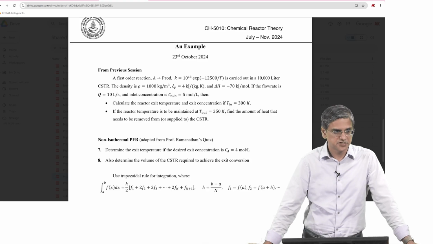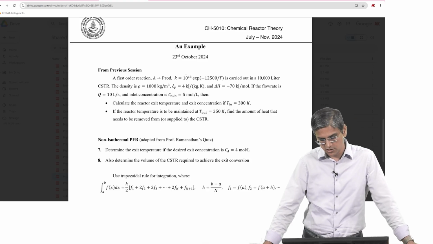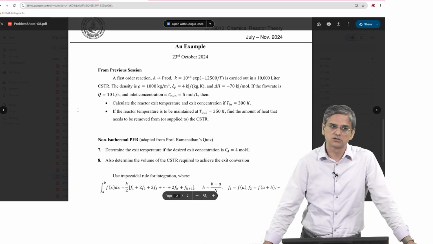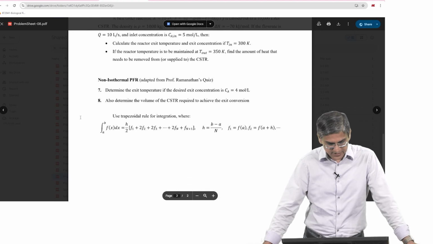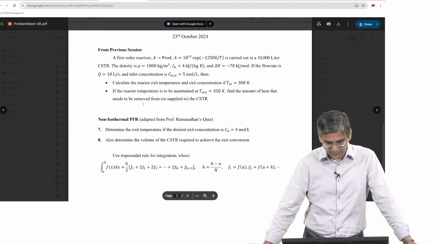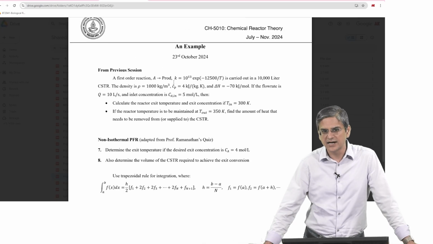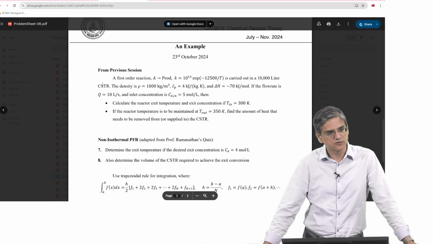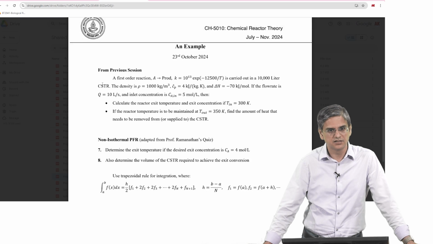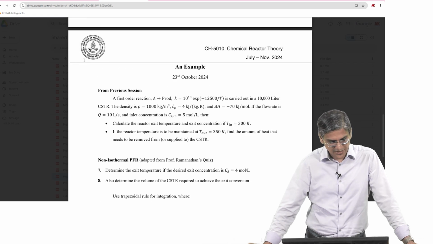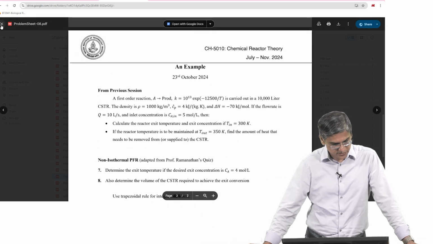The activation energy is lower, the pre-exponential factor is lower. So this is an example from a highly reactive system. The other one is an example from a less reactive system. That's the only difference.